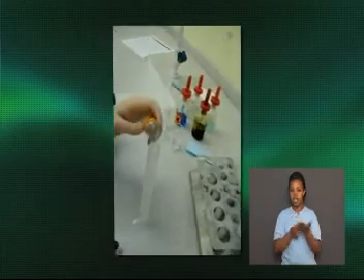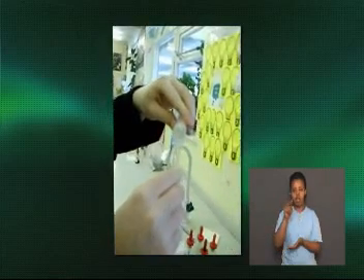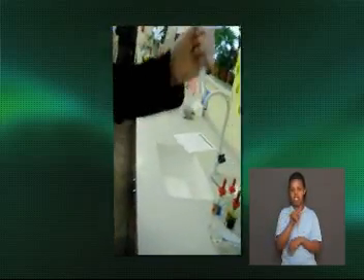This test requires dry test tubes, ethanol, water, and a substance to test. In the test tube, equal parts of the ethanol and the substance are combined.